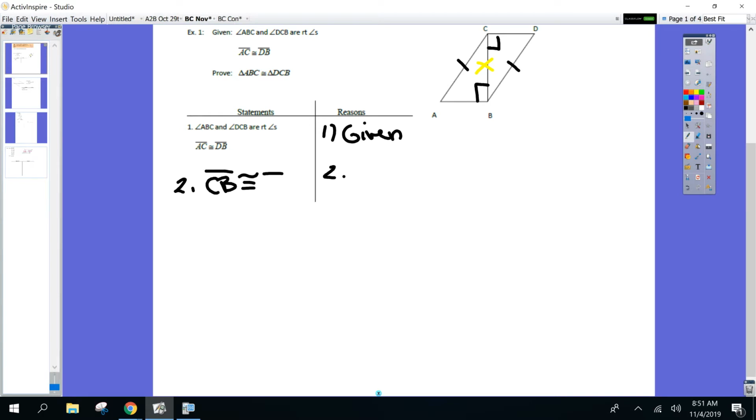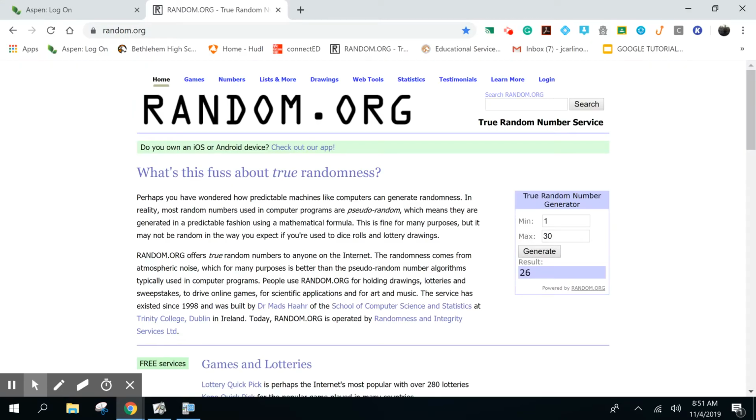CB congruent to CB. That is reflexive. I'm just going to let you guys take over, and then I'll correct it from there. All right, because all proofs are pretty special. What do you think else has to go in this proof?